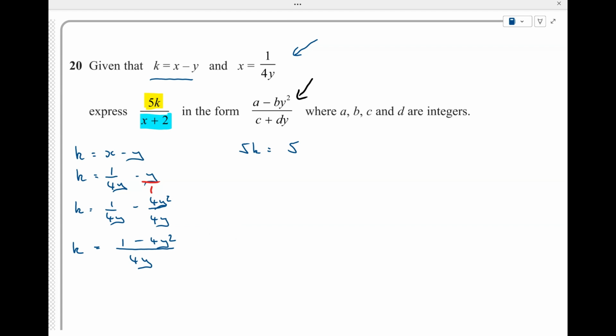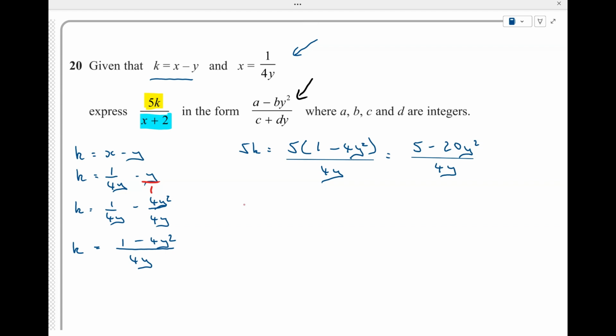So that's going to be 5 times 1 minus 4y squared over 4y, which is, multiplying out that top bracket, 5 minus 20y squared over 4y. Okay, so that's 5k.